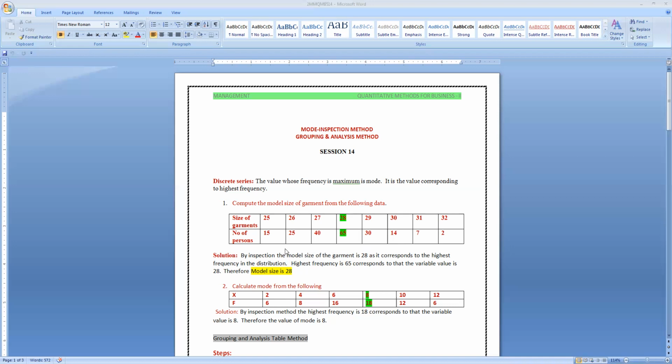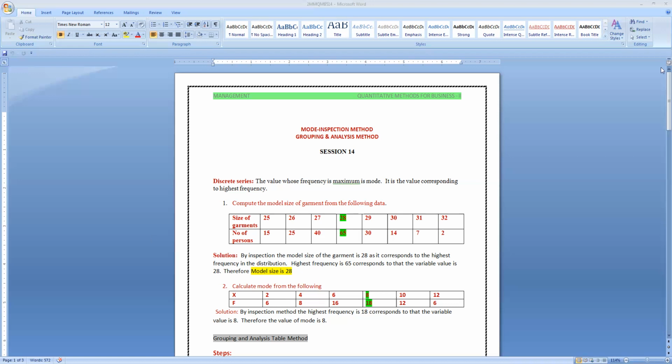In the inspection method, first we have to verify which is the highest frequency. Here the highest frequency value is 65. Corresponding to that, the variable value is 28. Therefore, the modal value, or the average in the form of mode, is 28. Therefore, the modal size is 28.